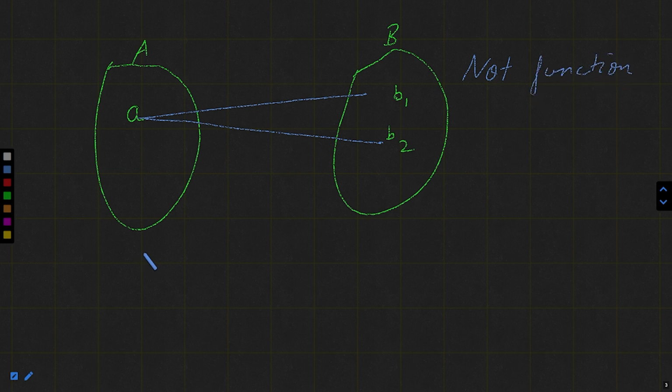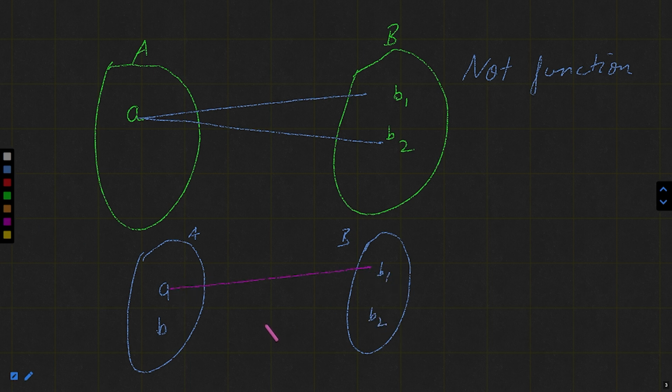I'm giving you examples for not a function. Take sets A and B, with B1 and B2. Now suppose A1 is related to only this one. Is this a function? Also no, not a function. Why?